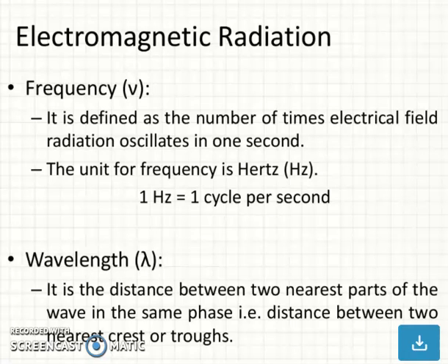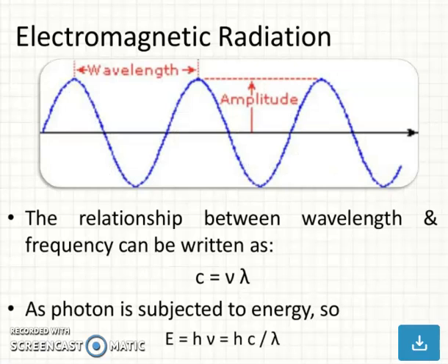Wavelength, lambda, is the distance between two nearest parts of the wave in the same phase, that is, the distance between two nearest crests or troughs. You can see in this picture the wavelength and amplitude.